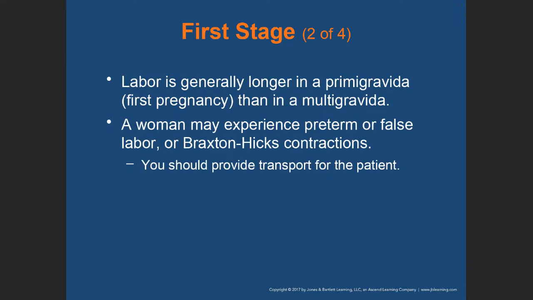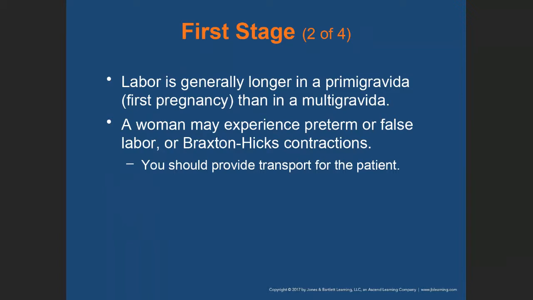Labor is generally longer in primigravida. The term gravida means pregnant uterus. So gravida is specific to the pregnancy. The term para is specific to birth. So gravida, pregnancy, para, birth.